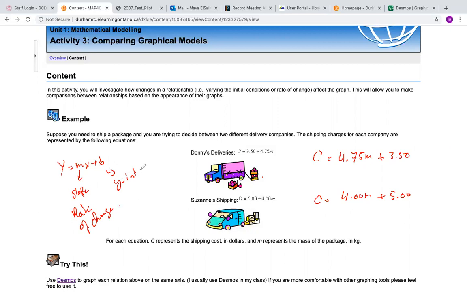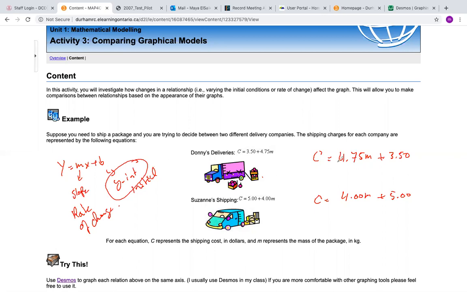And the y-intercept is basically your initial cost. No matter what your mass is, you start paying this much before we even weigh the package, even if your package is 0 kilograms.